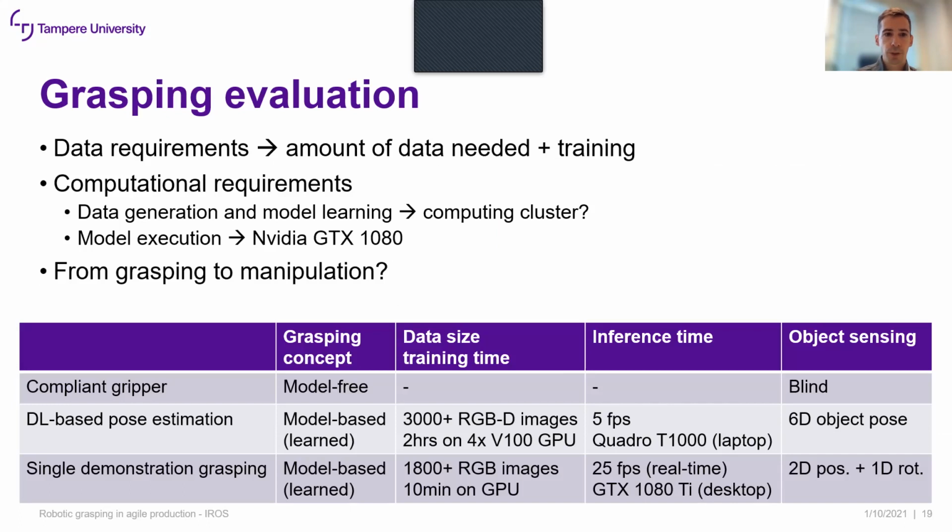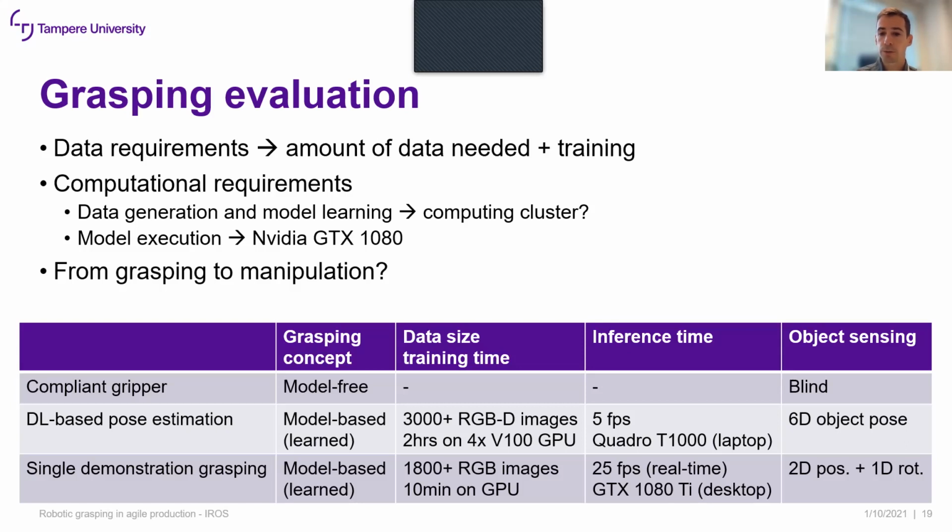I have given a few examples here in the table. So as you can see, for the compliant gripper, there is no model, there's no data, so we don't need to generate any data, meaning that we can do real-time grasping just with robot motion planning. Deep learning-based pose estimation requires a lot of data. As you can see, we needed more than 3,000 RGB and D images, and training needed to be done on a computing cluster for more than 2 hours.